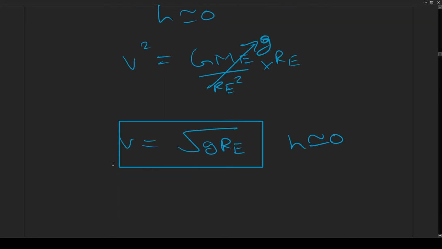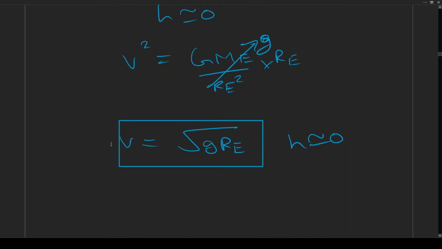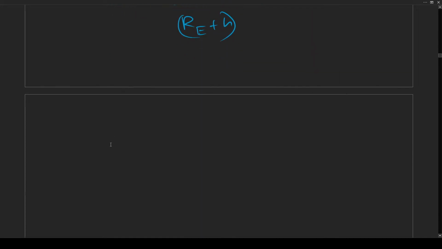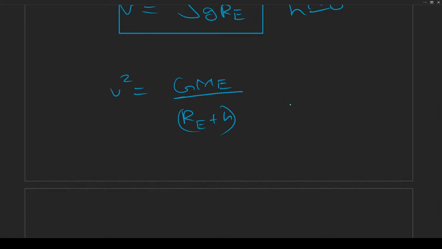But if H is not negligible, then we can write V square is equal to GME by RE plus H. And this we can take RE common, or basically we can write RE plus REH by RE into 1. Now we take RE common, RE into 1 plus H by RE, where RE is the radius of Earth.